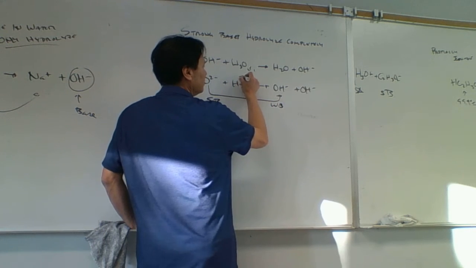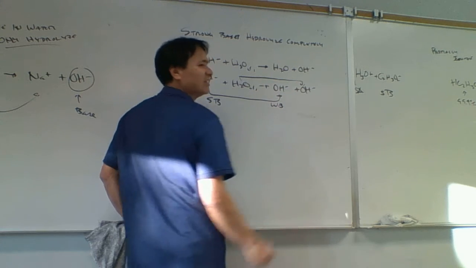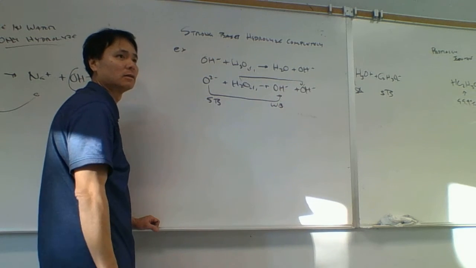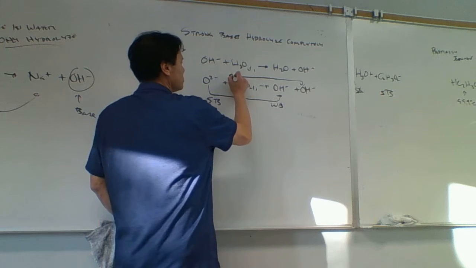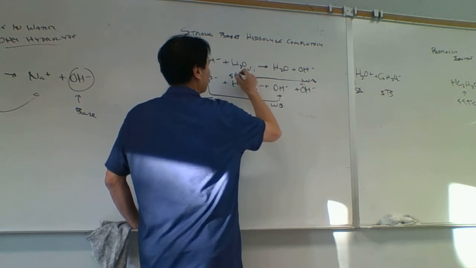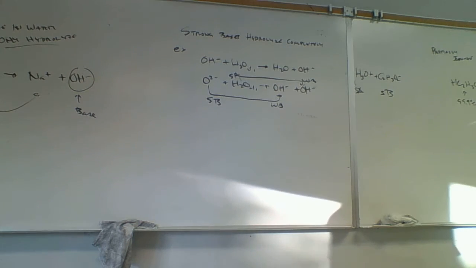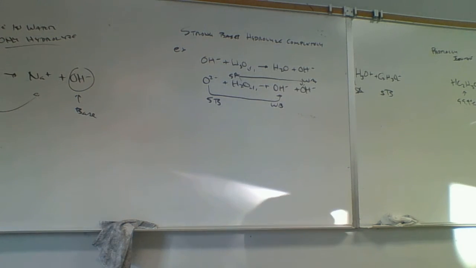And water, which is acid, is going to hydroxide. Well, what's that? This is going to be called stronger acid to weaker acid. So hydroxide is what we call amphoteric. It's amphoteric, but it doesn't go either way with equal ease. It much prefers to be the base than the acid.